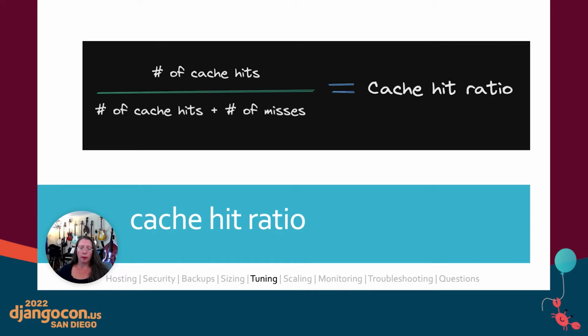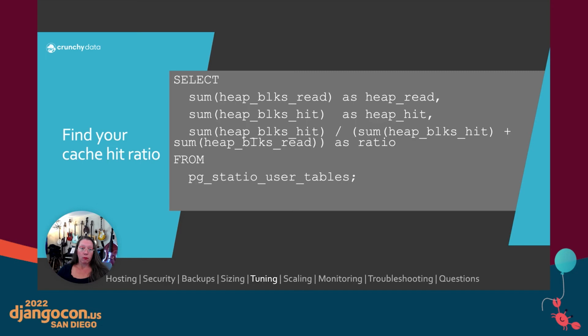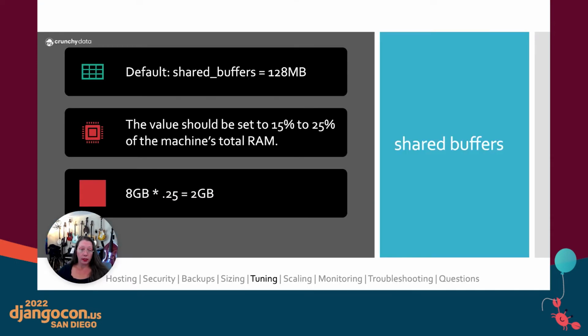A cache hit is something that's handled by the shared buffer cache, and a miss is one that's not and has to go to the other system cache. You can use this query to get your cache hit ratio. You're typically looking for a cache hit ratio in the high 90s. You're going to want most of your requests to be handled by the cache.